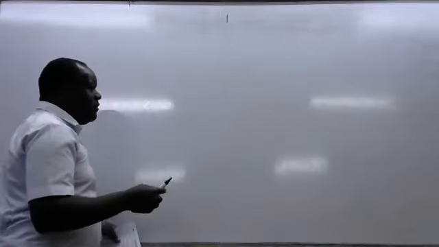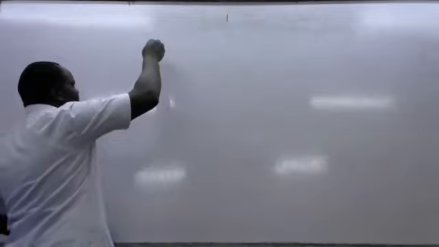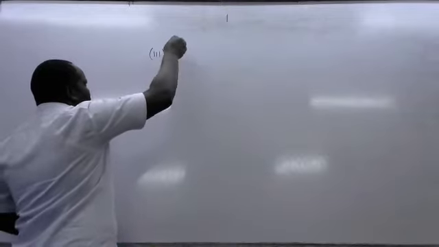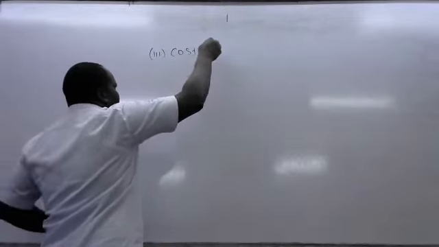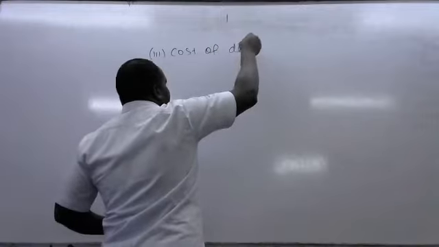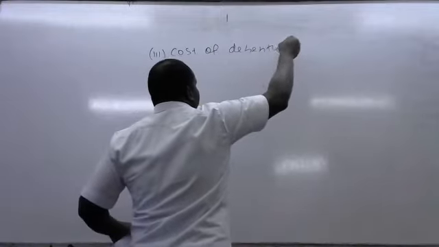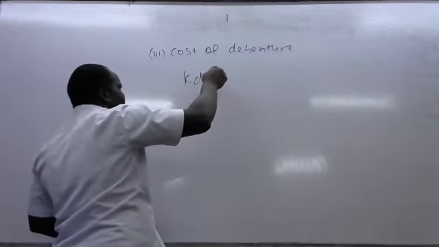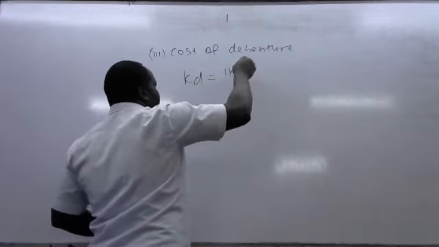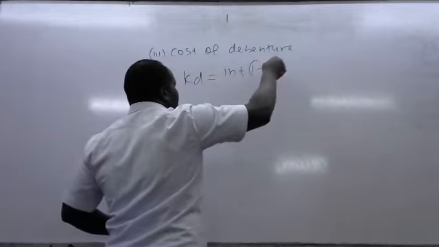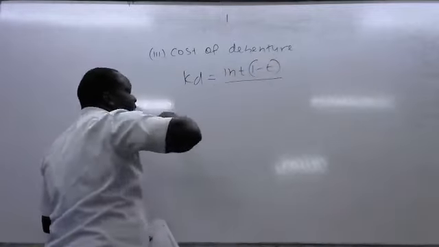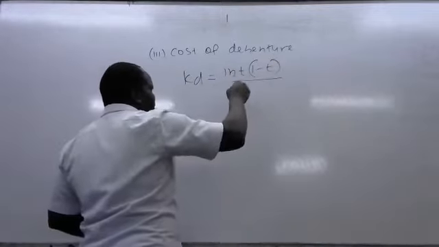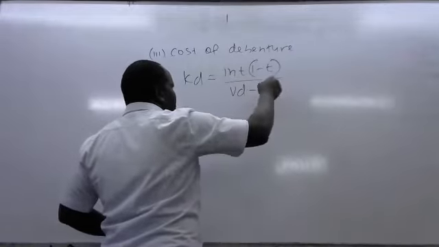So the cost of the debenture will be the same as KD. It will be given by interest, then 1 minus the corporate tax. We divide by the current value for the debenture.